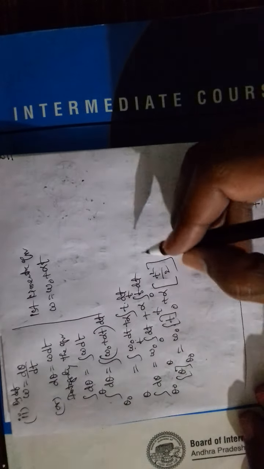If t is integrated, you get t square by 2. Now theta minus theta 0, t minus 0, and bringing alpha outside, t square minus 0 square.